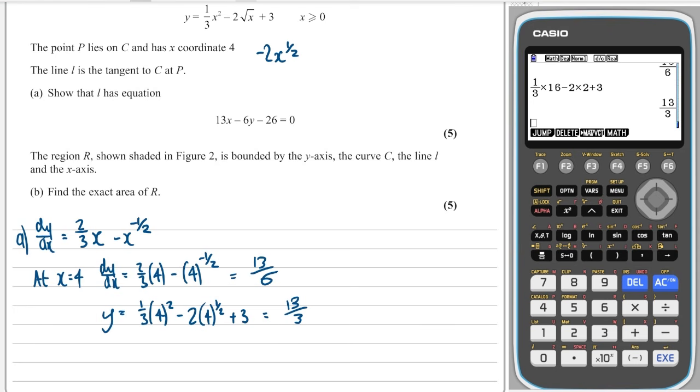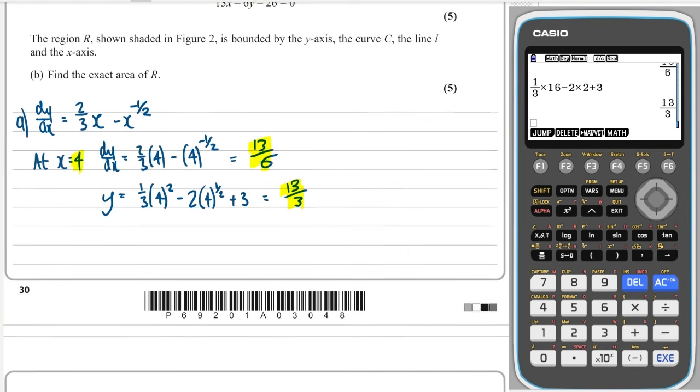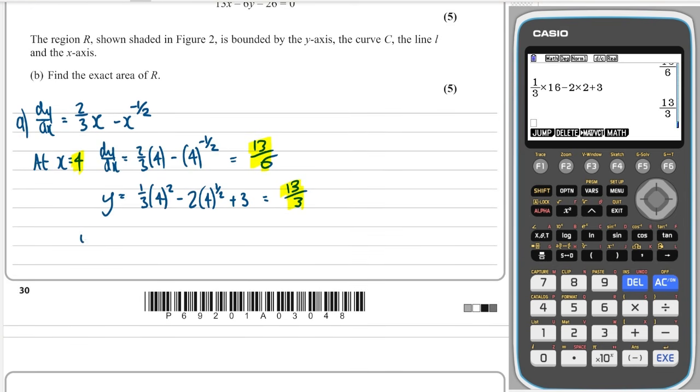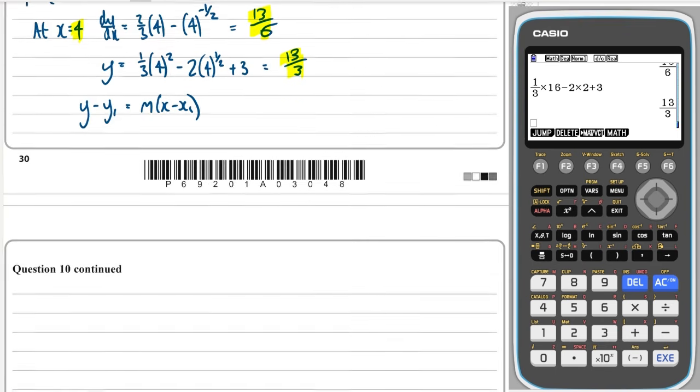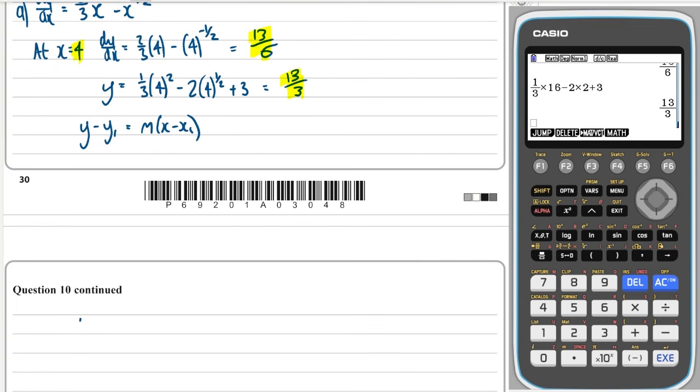Okay, so we've got everything we need now. We've got a gradient, we've got an x-coordinate, and we've got a corresponding y-coordinate. So we can use the formula y minus y1 equals m(x minus x1). And we can say that y minus the y-coordinate, which is 13/3, is equal to the gradient, which is 13/6, open brackets, x minus the x-coordinate.